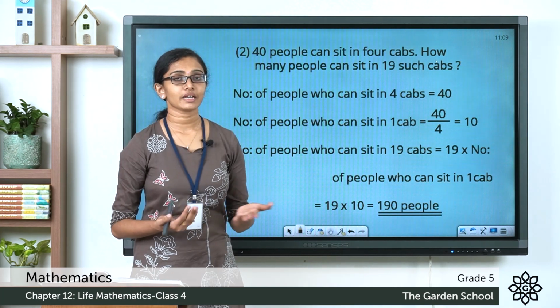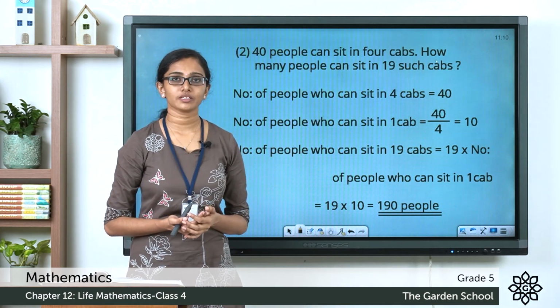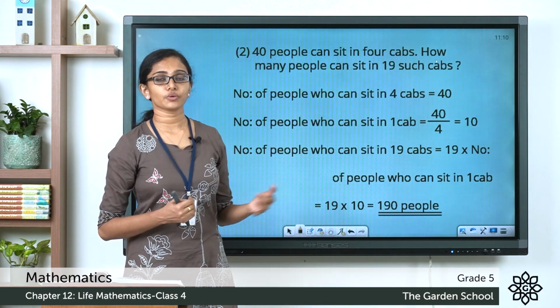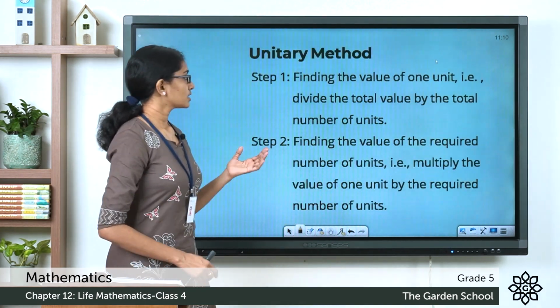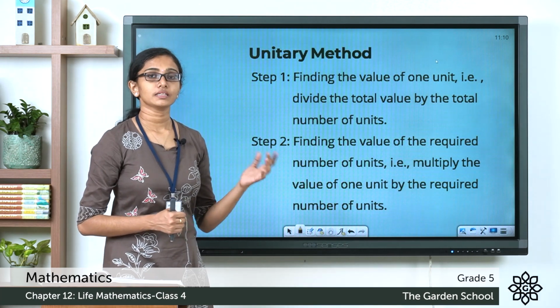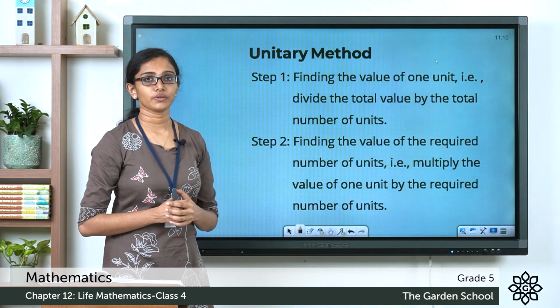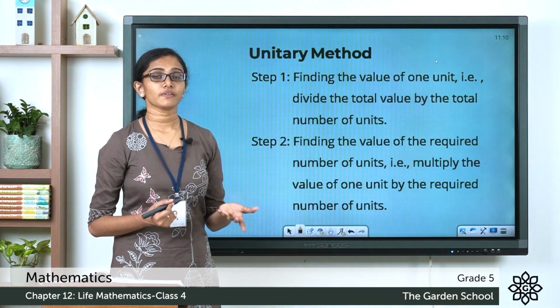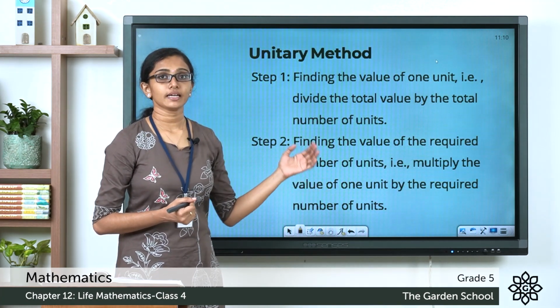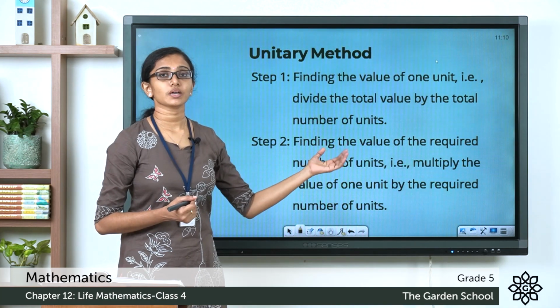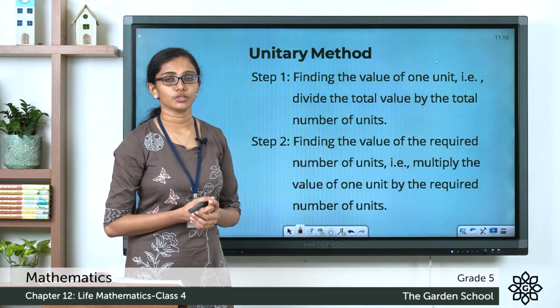So I hope you are clear with the 2 examples we worked out here. We solved these 2 questions using the unitary method. So in unitary method, there are 2 steps to find out the value of a certain number of units. First, you will find out the value of a single unit. Then you will multiply the required number of units with the value of a single unit.